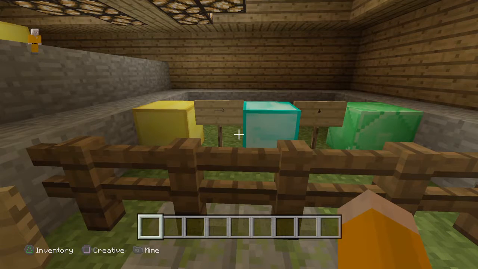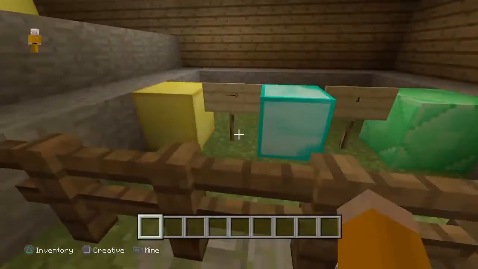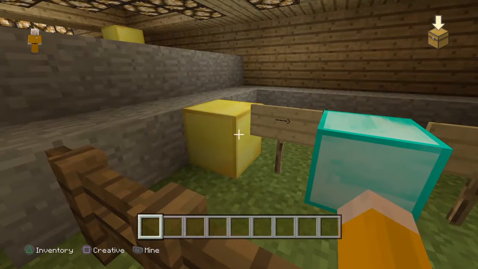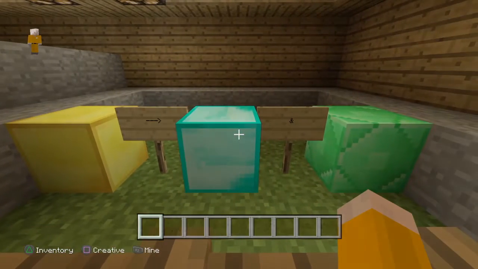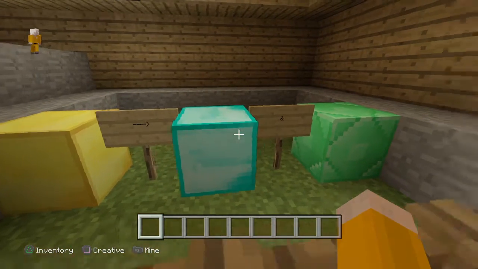Nitrogen fixation is essential for some forms of life. And then here we have our gold block, which would be ammonia, turning into nitrite and nitrate.